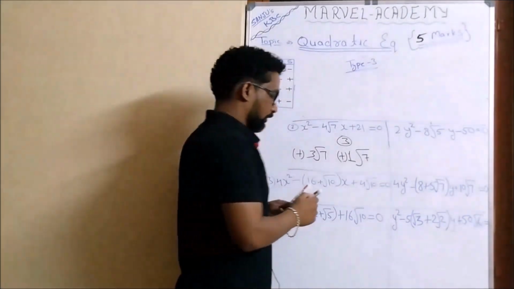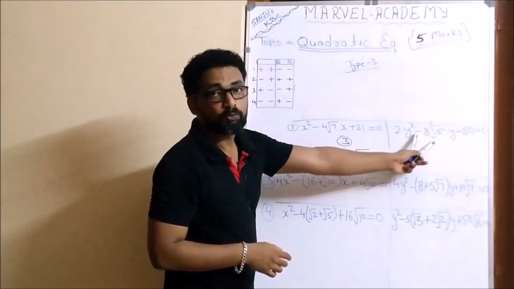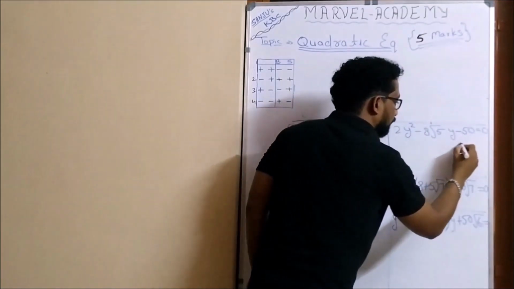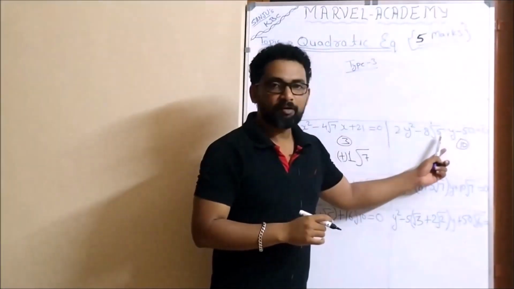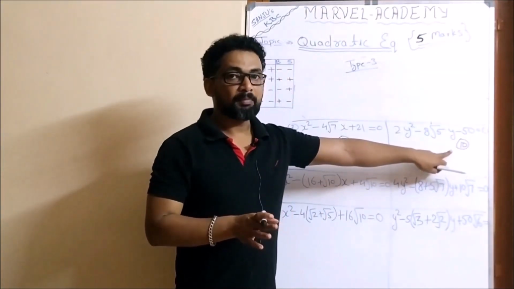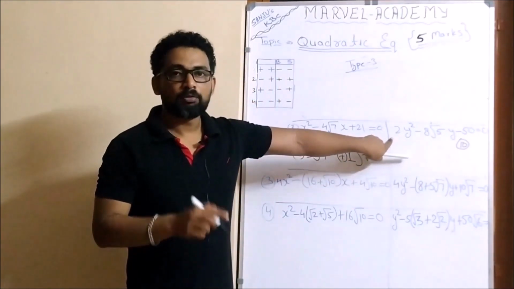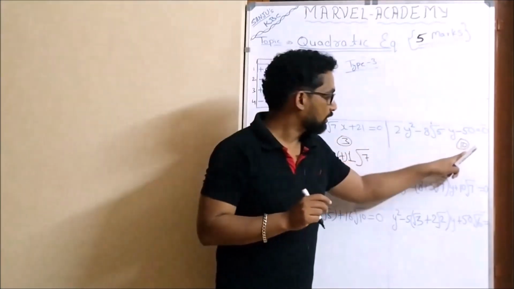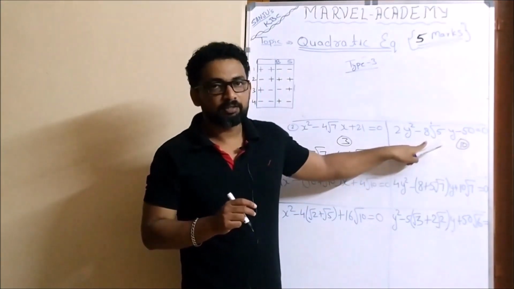In y, I have to divide 50 using that root value 5. So dividing 50 by 5 will give the value 10. That means now my multiple is not 10, because here my coefficient value is 2. So the multiple should be 20 and the addition should be 8.